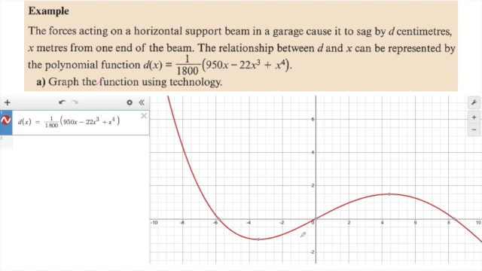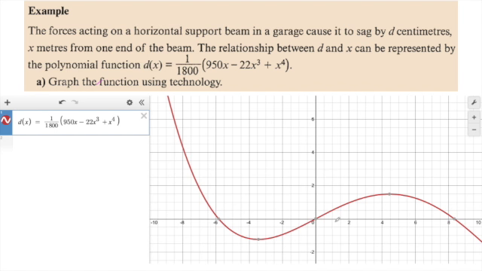So you're looking at x meters from one end of the beam, and centimeters up here. However, does it make sense that we look at the support beam in negative values? So you'd be at negative 1 meter of a support beam.